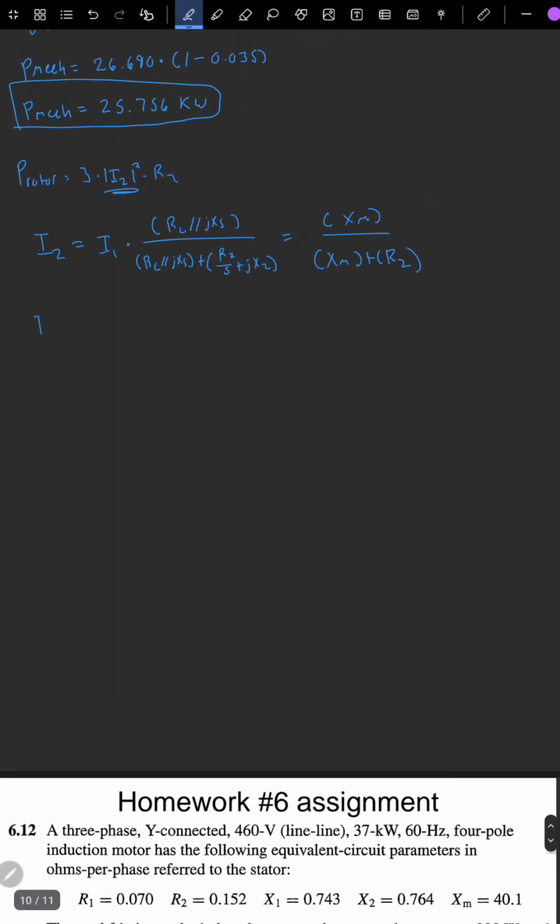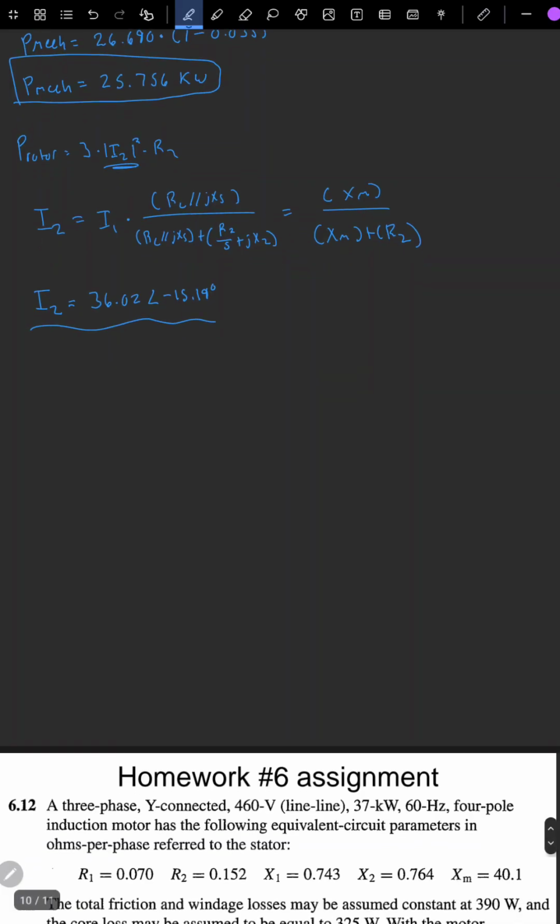More or less, when you do the equation, your I2 is going to yield 36.02 phase negative 15.19 degrees. Therefore, your P rotor is going to equal 3 multiplied by 36.02 squared times R2, which is 0.24, and that's going to equal 0.934 kilowatts.